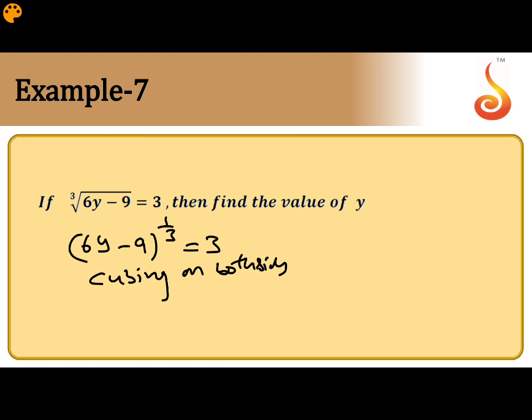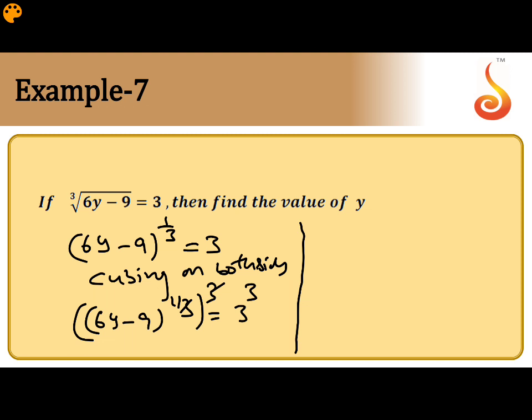When you cube on both sides, 6y minus 9 whole power 1 by 3 whole power 3 equal to 3 power 3, which means you take power 3 on both the sides. So according to the property these two will get cancelled. Okay, now let us take the remaining portion. What is left on the left side is 6y minus 9, because the 3s cancel.